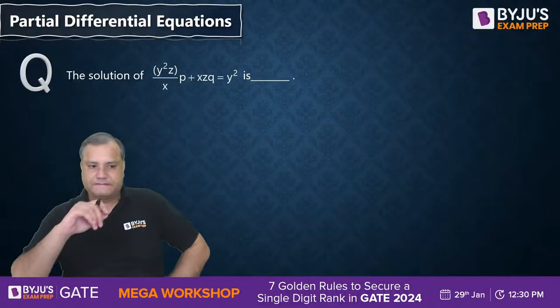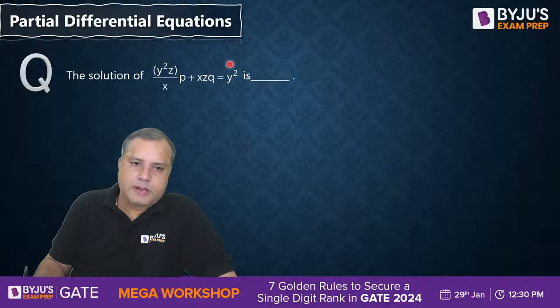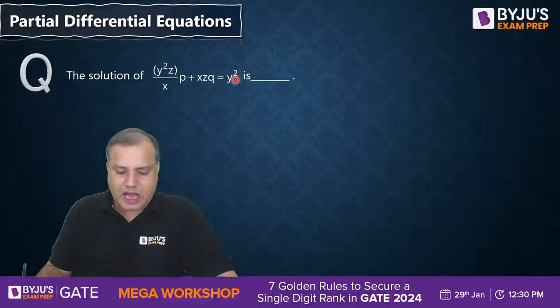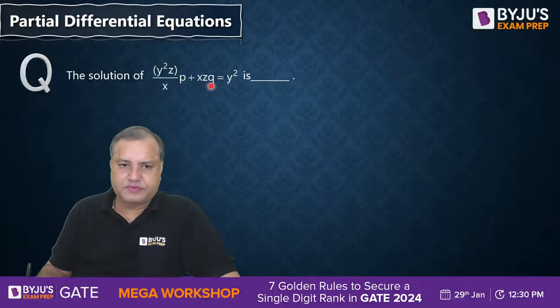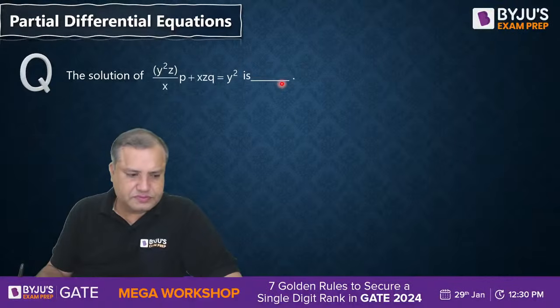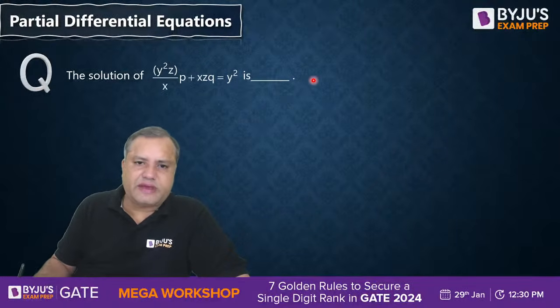Now see this. In this particular question, in order to maintain the symmetry on both sides, I am just multiplying by x throughout the equation. पूरे equation में x से multiply कर दिया.